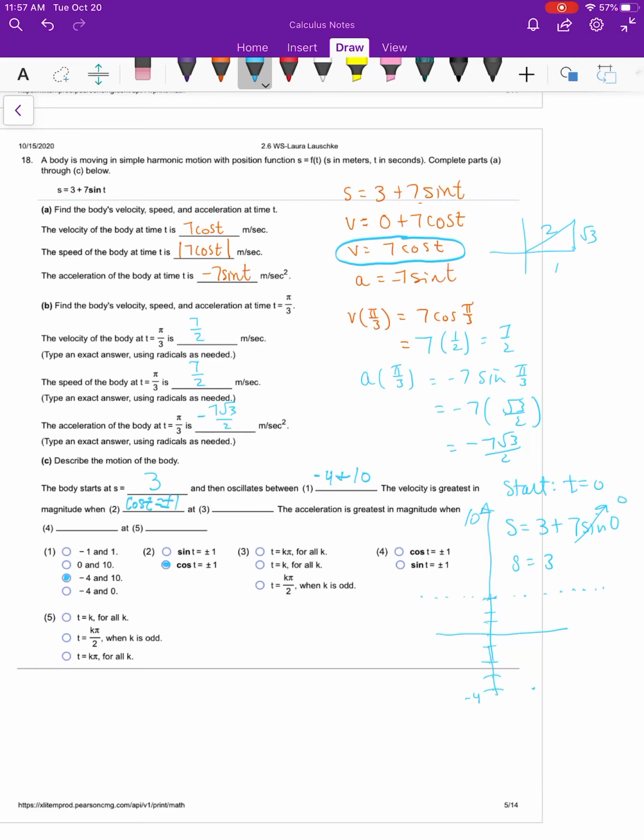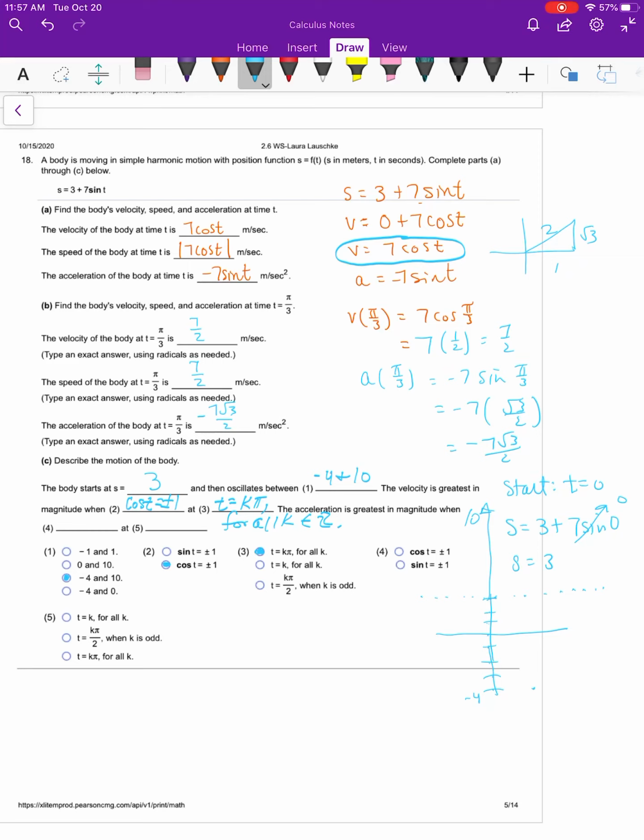And that will be at, now, our cosine is positive or -1 at, remember, 0, pi, 2 pi, 4 pi. So that's this one. T equals k pi for all k. For all k being an integer.